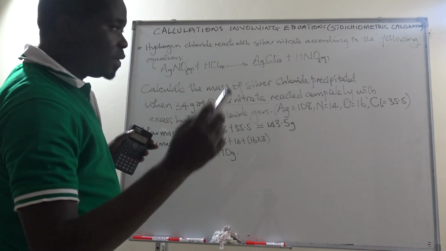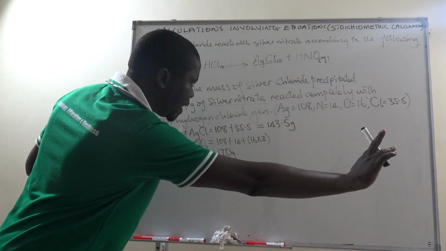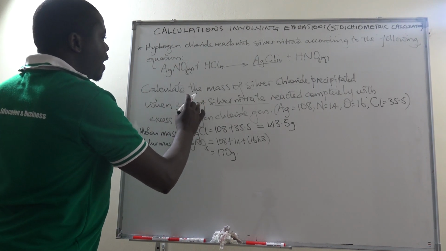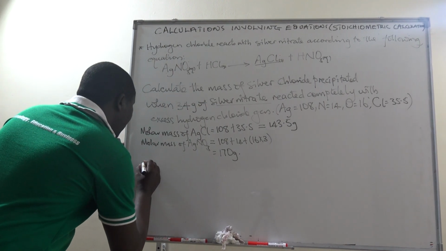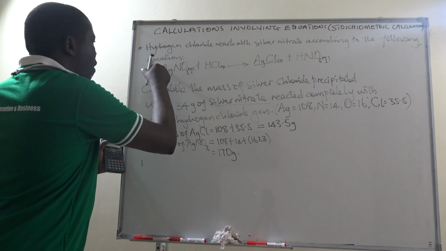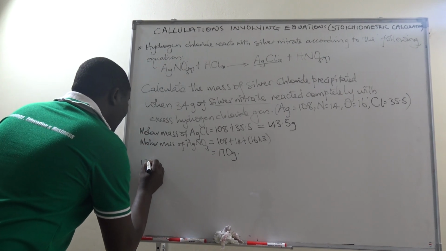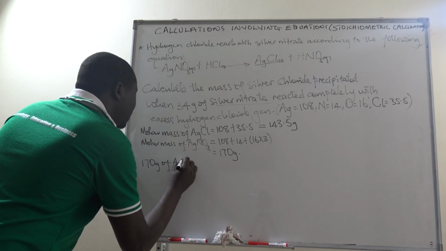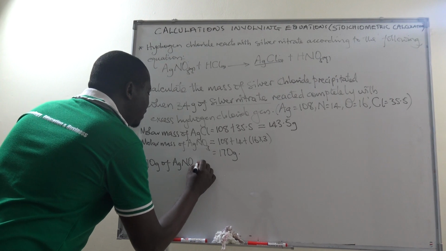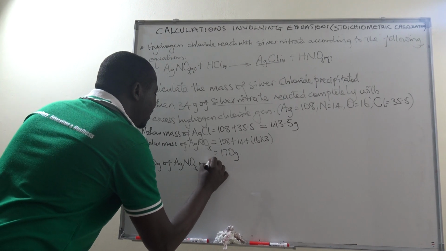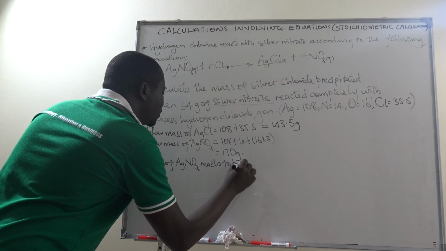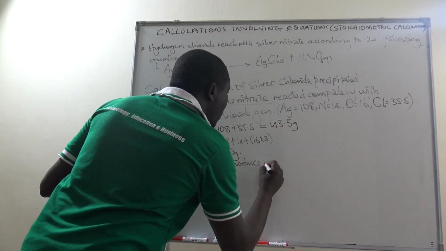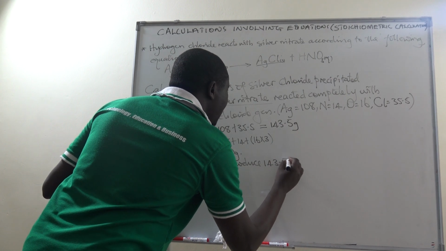So now let us try to get the mass of silver chloride. And what do we do? Silver chloride goes to the right hand side. Silver nitrate will be on our left hand side, since we have its mass already given. So we shall say from first principles, 1 mole of silver nitrate, which is 170 grams of silver nitrate, according to that equation, reacts to produce 1 mole of silver chloride, which is 143.5 grams.